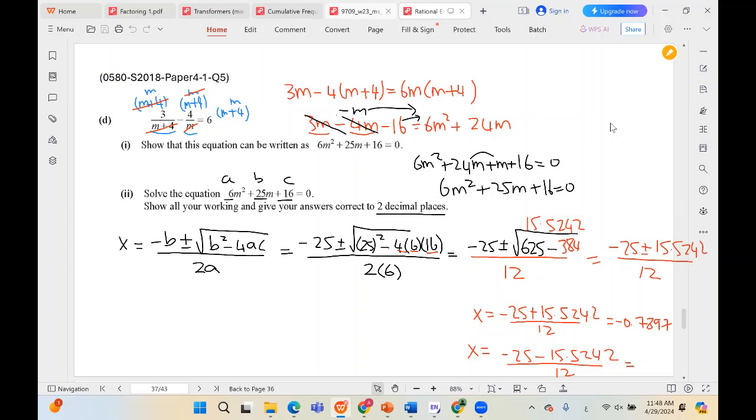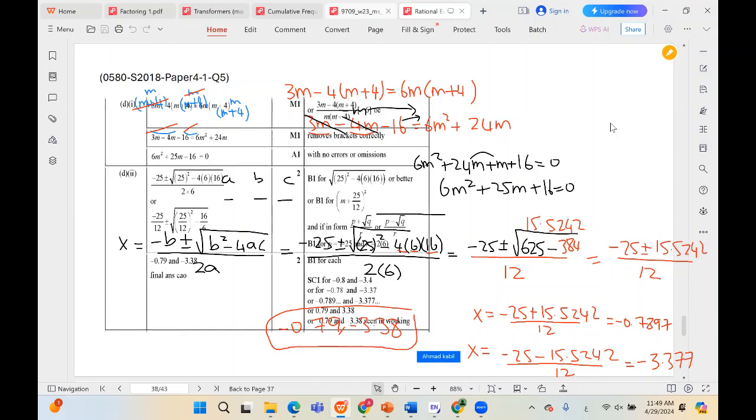And this is negative 3.377. So we approximate our final answers to two decimal places. So the first one is negative 0.79, and the second one is negative 3.38. And these are the final answers. These are the correct final answers here.